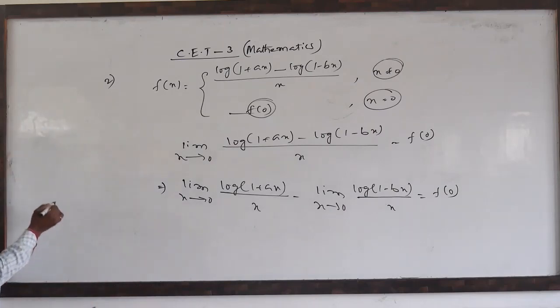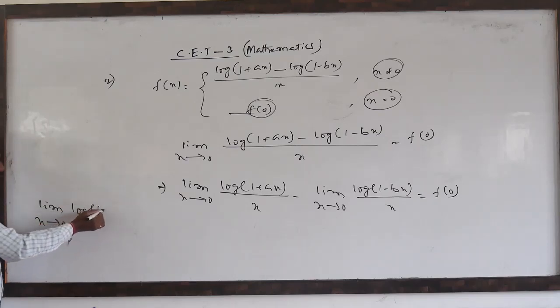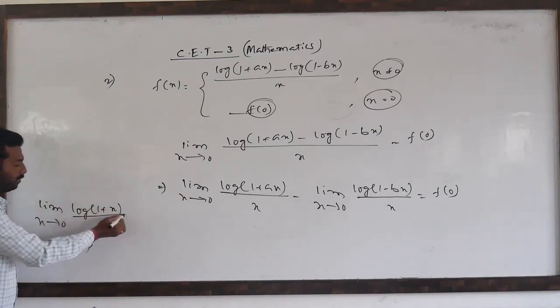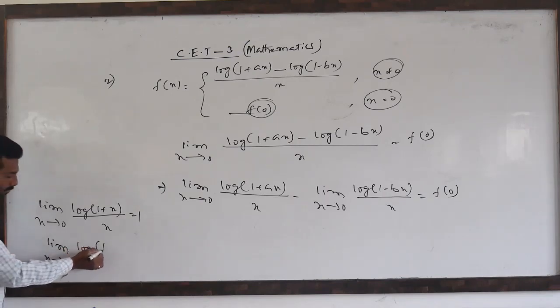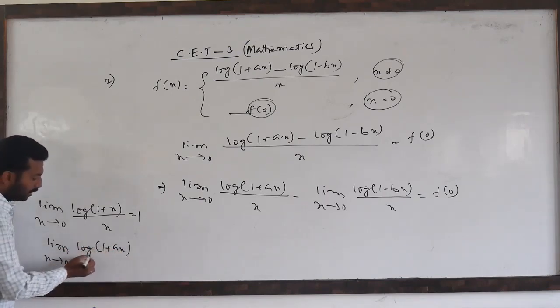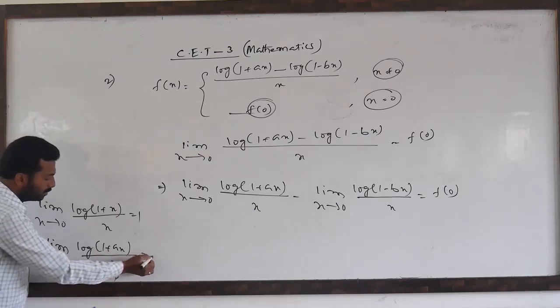One formula is there in limits: limit x tends to 0 of log of 1 plus x divided by x is 1.